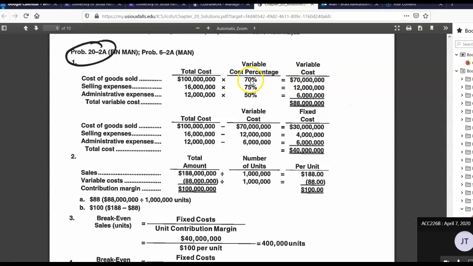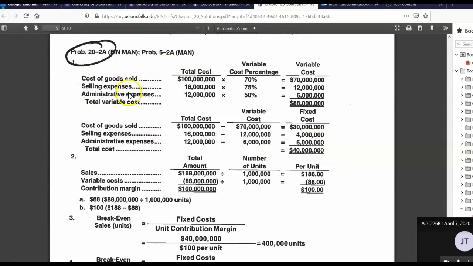Well, if this was 70, that means this has to be 30%, right? So we can take 100 million less the 70 million, and you get 30 million, or 25% of that number is 4 million. 50% of 12 million is 6.